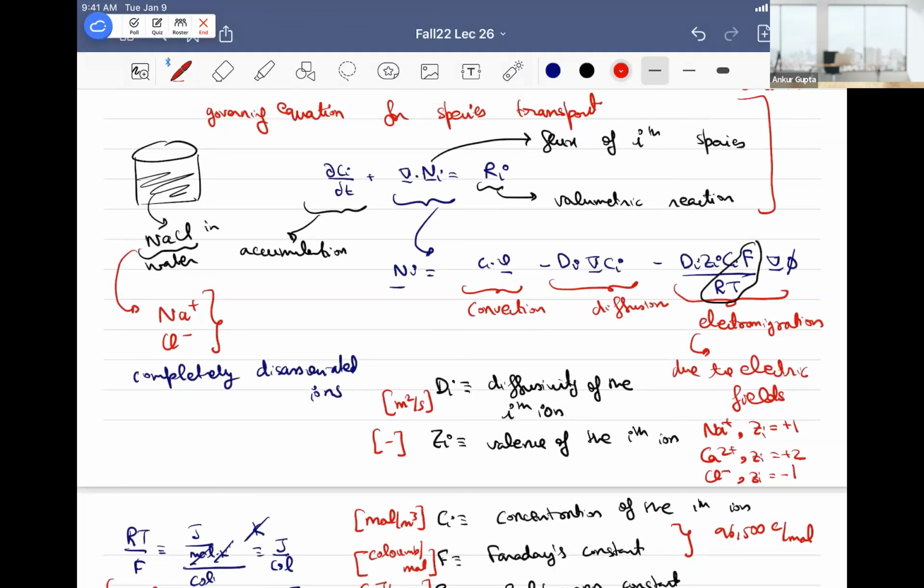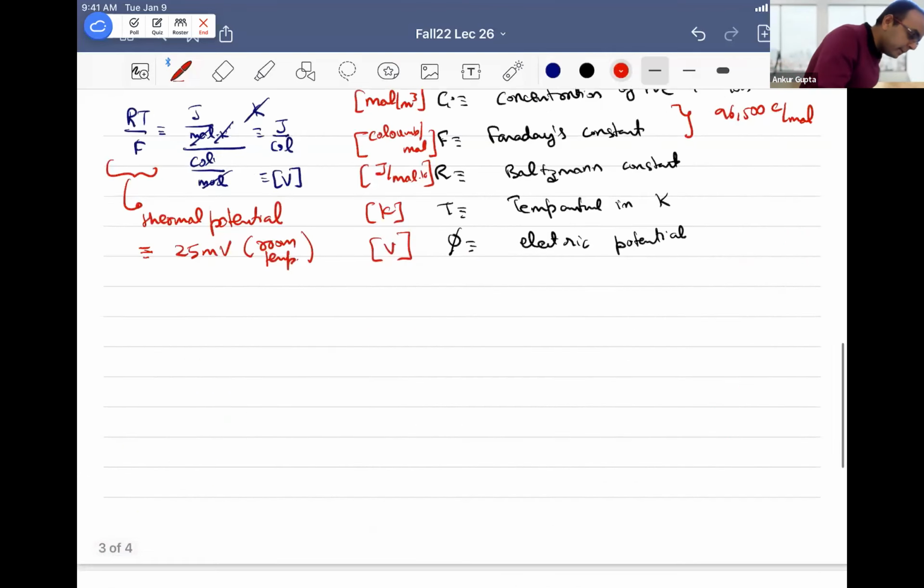Yes, we have now also added a new variable, which is potential. So I need another equation now, right? Now that I've added a new variable, we need another equation. In our governing equations, we have modified a little bit, but we have added a new variable called potential, phi.